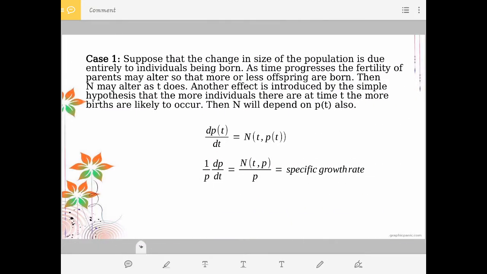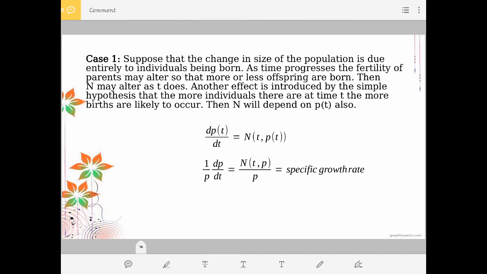Now let's have some cases. Case 1: suppose that there is a change in the population that is due entirely to individuals being born. As time progresses, the fertility of the parents can also alter, so that there are more or even fewer offspring born.